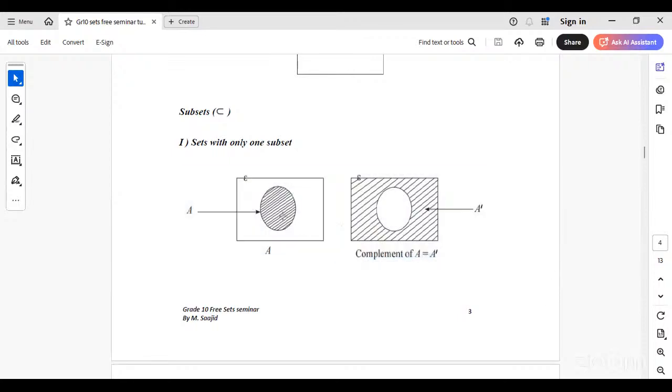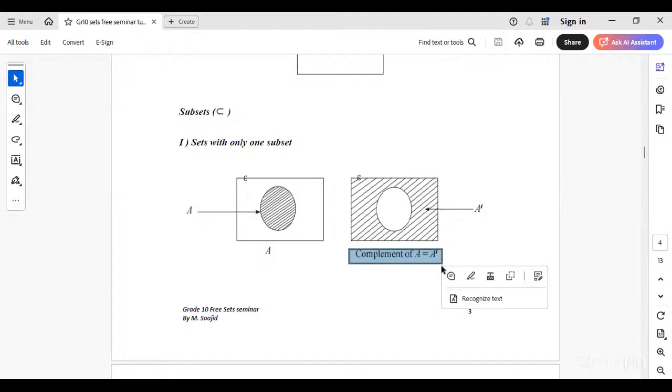A dash means not in A. See here, this circle represents A, so the white part is not A. Not A means the complement of A, A dash.